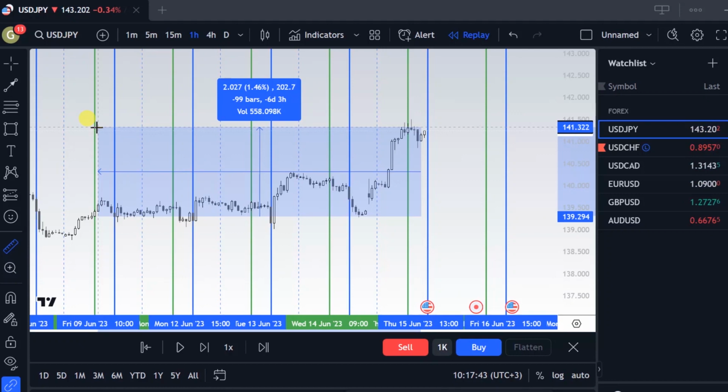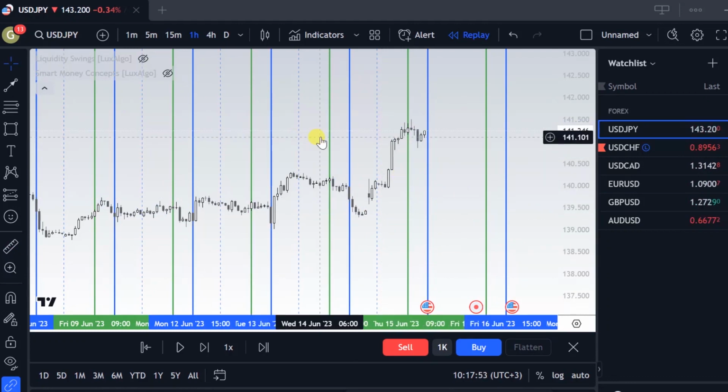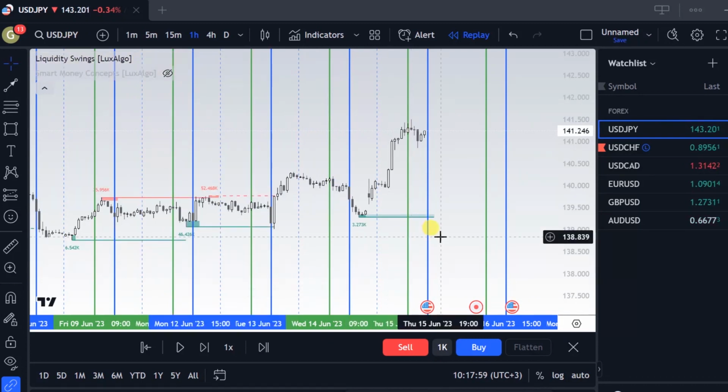So once I confirm that this is an uptrend, then what I always like doing also is to pull up my indicators. And those that I like using, there's one called liquidity strings. So this basically helps me show the levels where liquidity is resting in the market. So you can see that there's a string level right here.